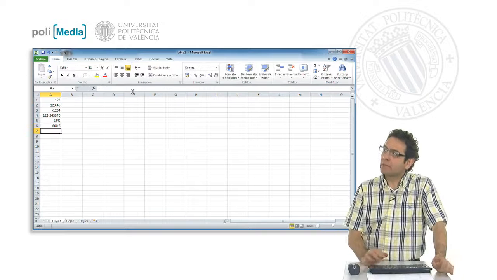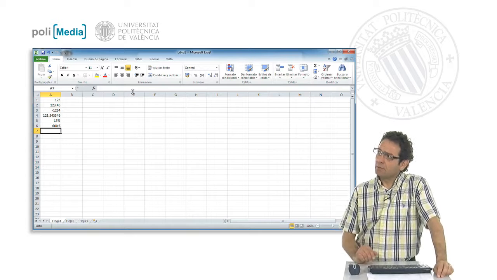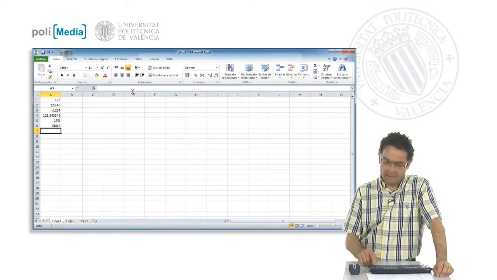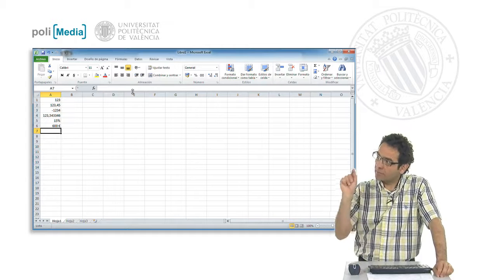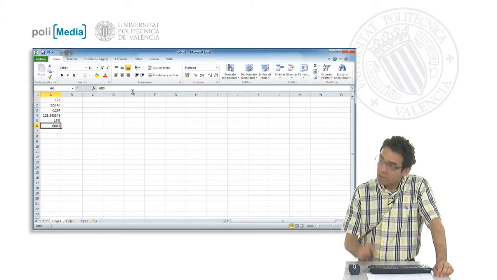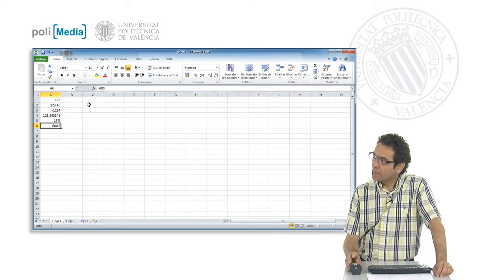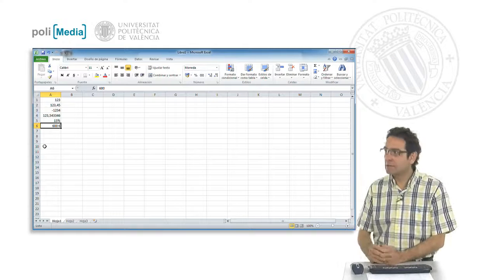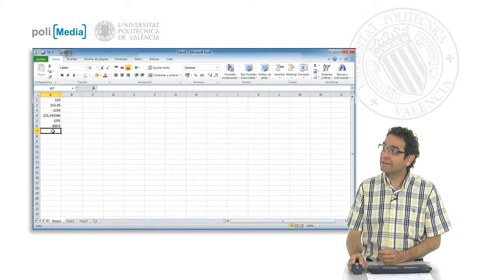It accepts it as such and introduces it in the cell with the format that I have defined by default for the currency format. Notice that we have not introduced the space between the amount and the currency symbol. But Excel has put it since it has a defined format for monetary quantities.